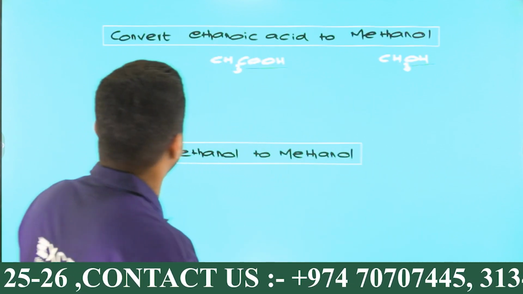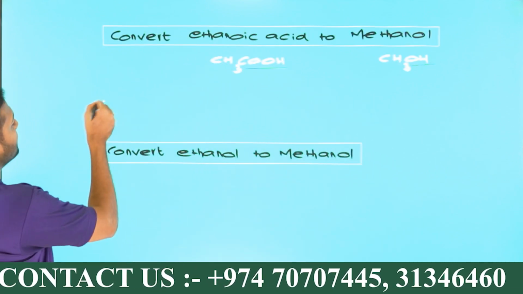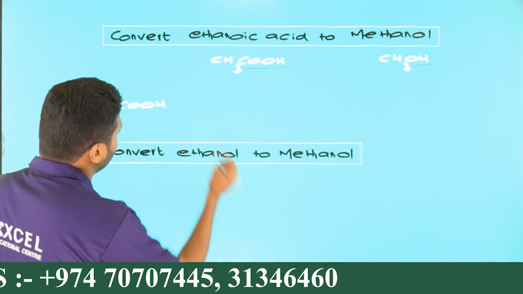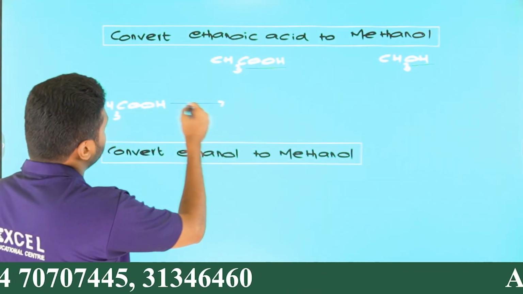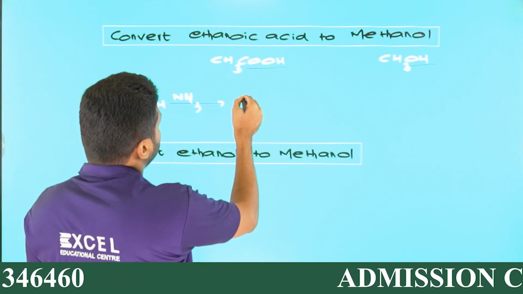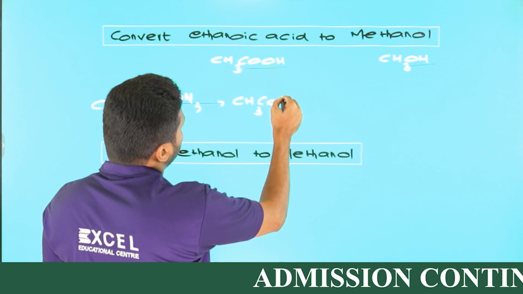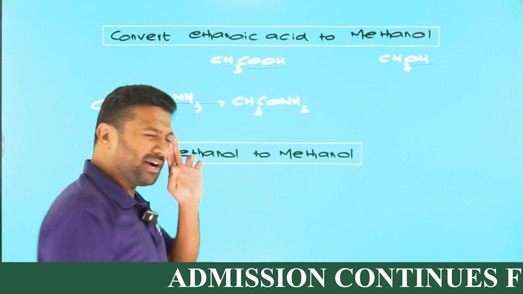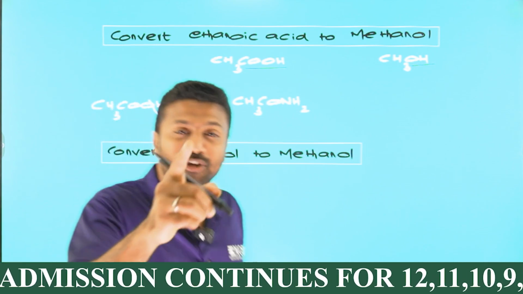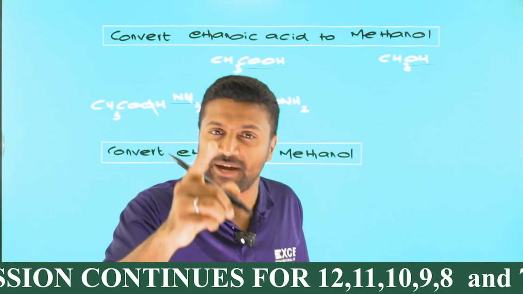So take your ethanoic acid, formula CH3COOH. Initially pass it over NH3, called ammonia. On passing ammonia, OH and H will be removed as water, getting CH3CONH2, called acetamide. Whenever the number of carbons is decreasing, degradation, the thing that should come to your mind is the Hofmann bromamide reaction, right?